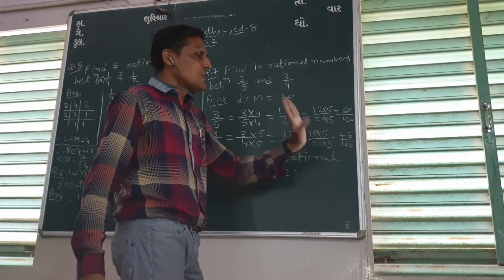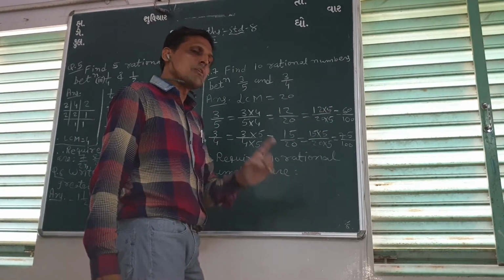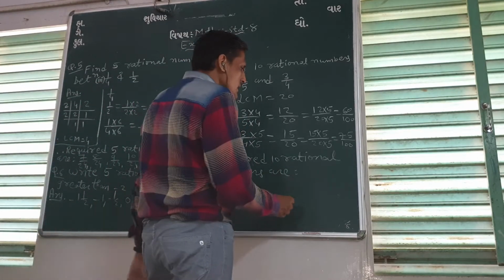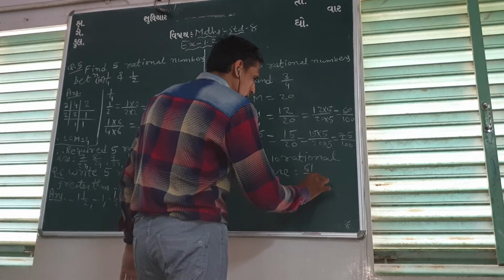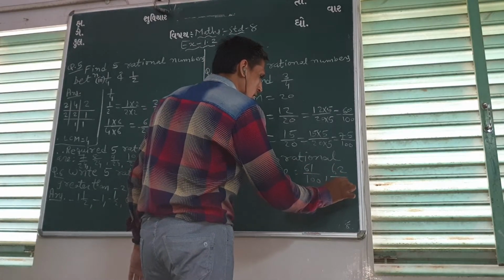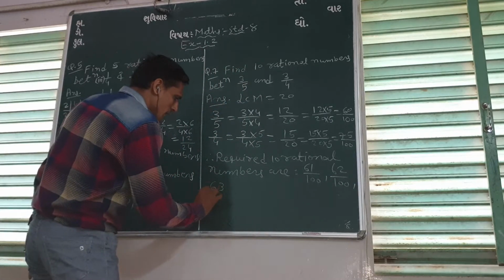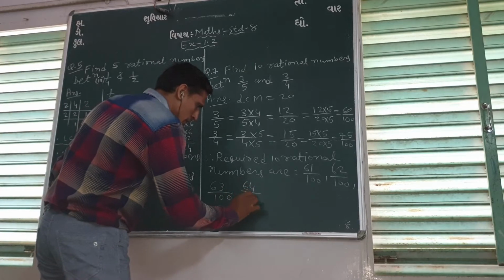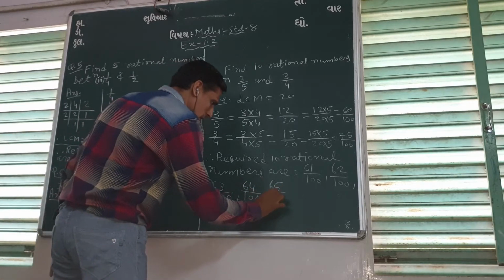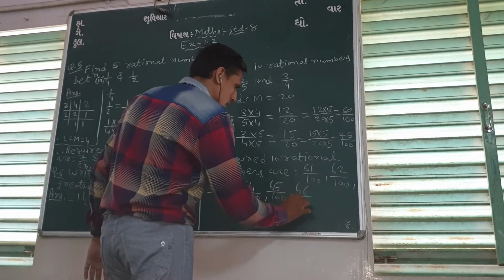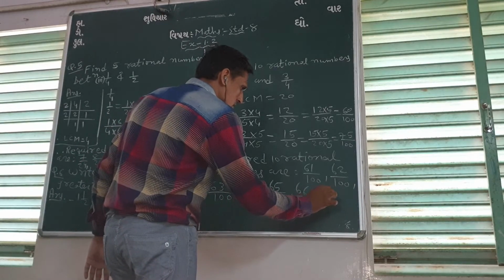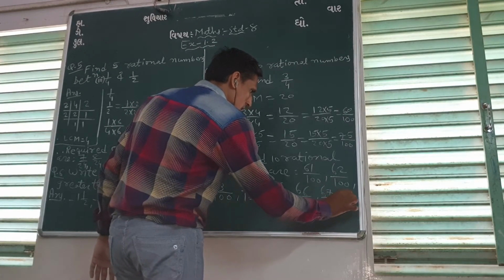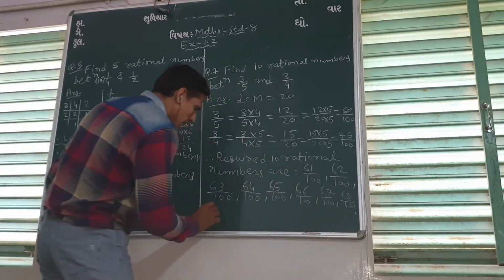From 61 up to 74 we can write, but we will write only 10, so any 10 we can write: 61 by 100, 62 by 100, then 63 by 100, then 64 by 100, then 65 by 100, then 66 by 100, then 67 by 100, then 68 by 100, then 69 by 100.